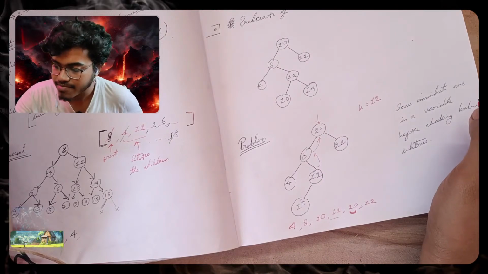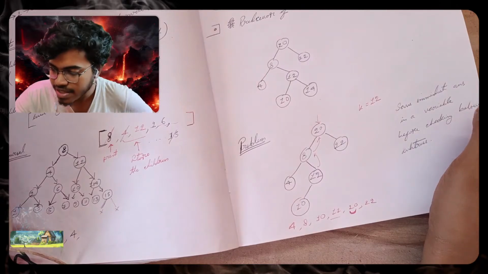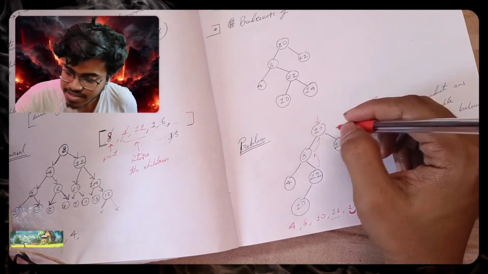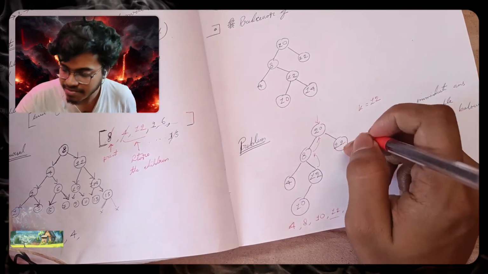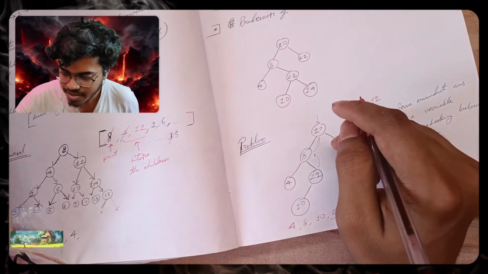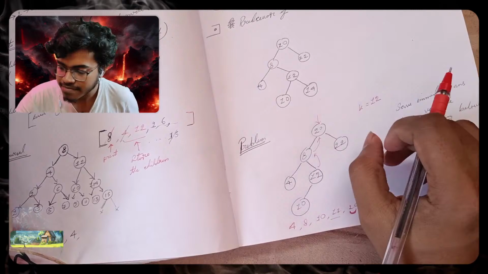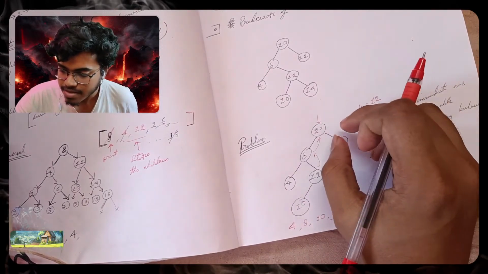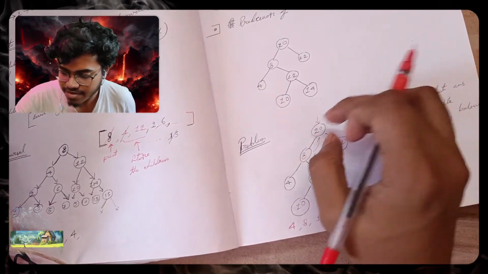So 20 is a possible answer because 20 is greater than 12, and anything right of 20 is not of any use to us, because anything right of 20 will inevitably be greater than 20, because we are in a binary search tree. Okay, so by definition, anything greater than 20 will lie on the right of the subtree, right of the tree.